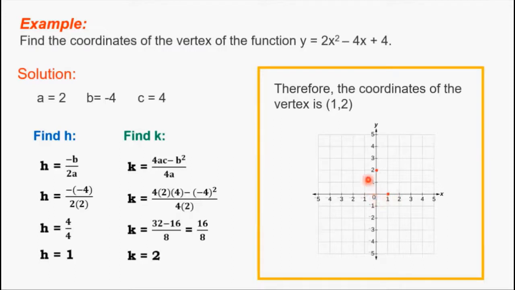At ang ating k naman o ang y-coordinate, kung saan magtatagpo ang dalawang points, ay nandoon ang ating vertex. At sa pamamagitan ng pagsusolve at pagpa-plot pa ng ilang points, ay mabubuo natin ang graph ng ating function. At ito ang ating parabola.